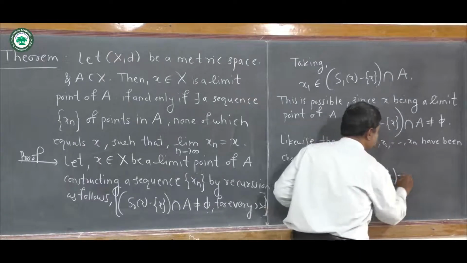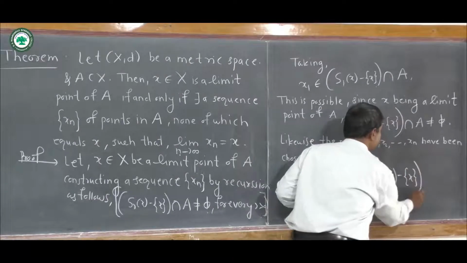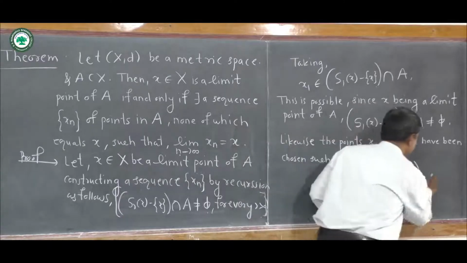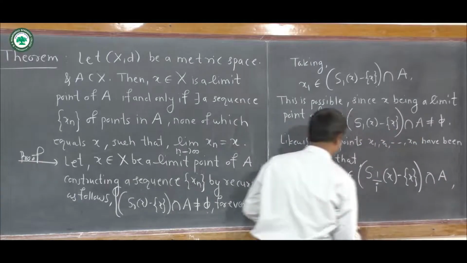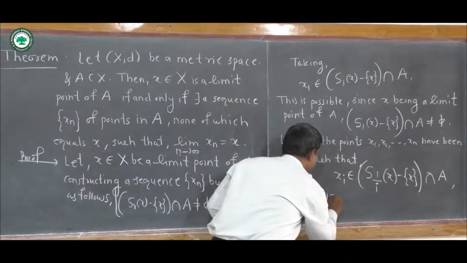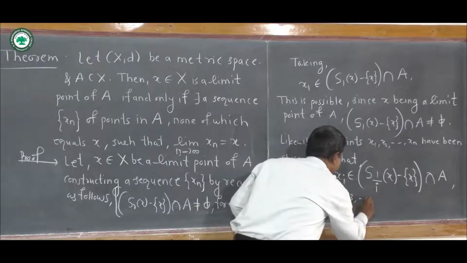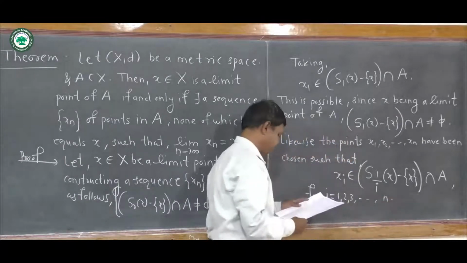Now this is the radius of this open sphere whose center is deleted, intersection with now A for i is equal to 1, 2, 3 and so on up to n.